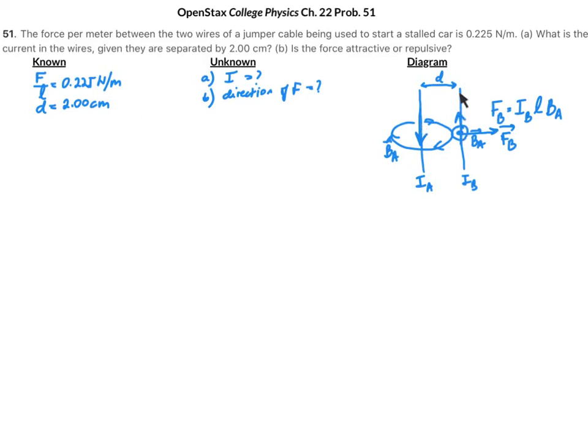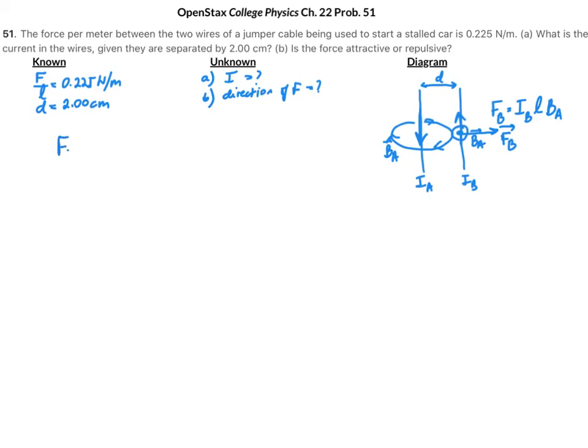Place your thumb in the direction of this current and your hand should circle around, and the magnetic field at this location will be out. So this wire also experiences a force, given by the current times the magnetic field times the length of the wire, and when we do the right-hand rule for this wire, we end up with a force going to the left. So the force between these two wires will be repulsive.